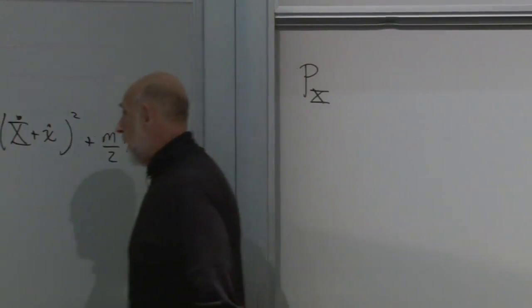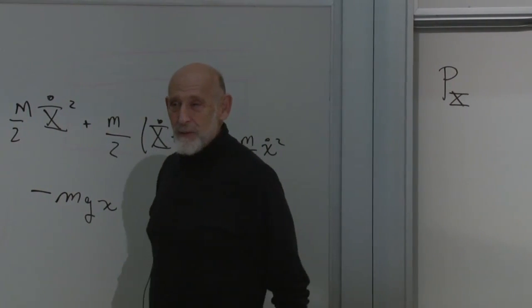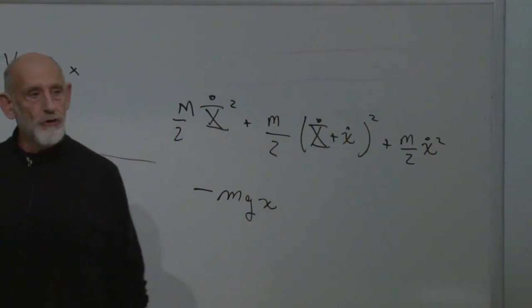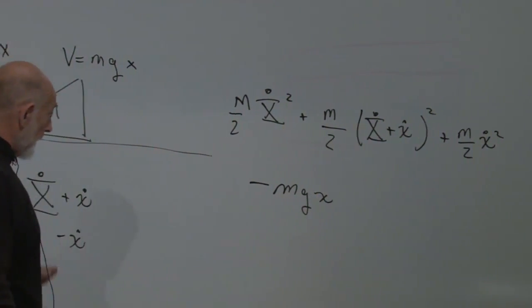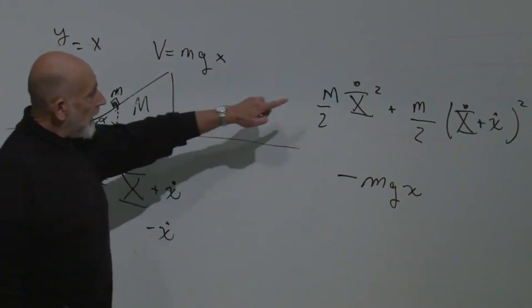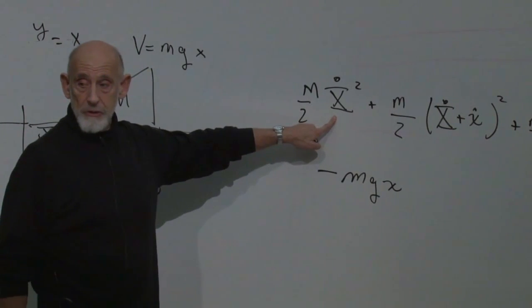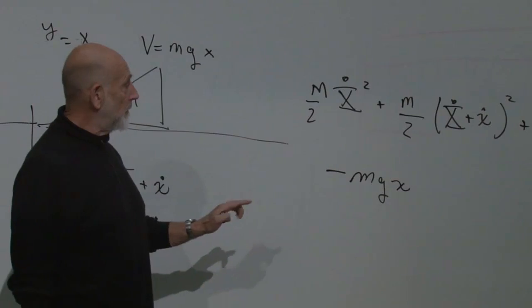Now you might think it's just M X dot. That would be the usual mechanical momentum of the thing, but it's not the definition of momentum we've been using. The definition of momentum, as we've defined it, is the derivative of the Lagrangian with respect to capital X dot. That's its definition. You've got to stick with the definitions.